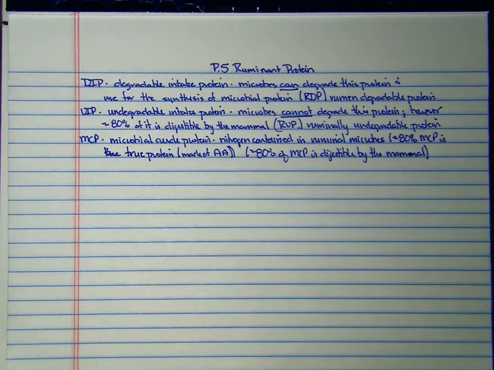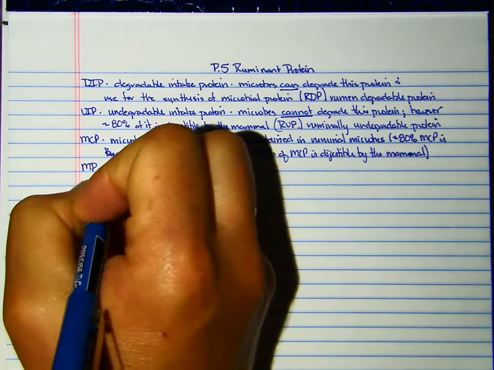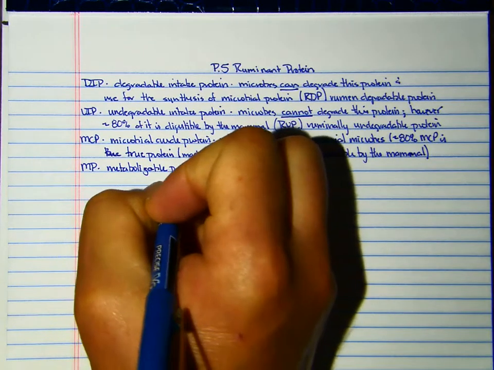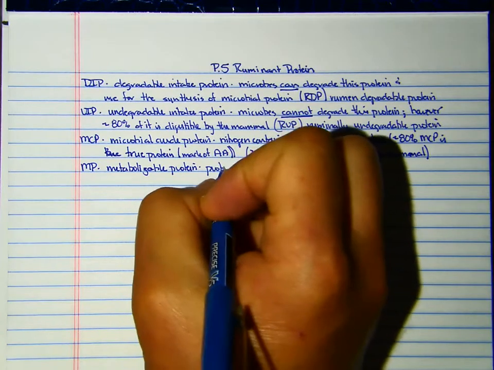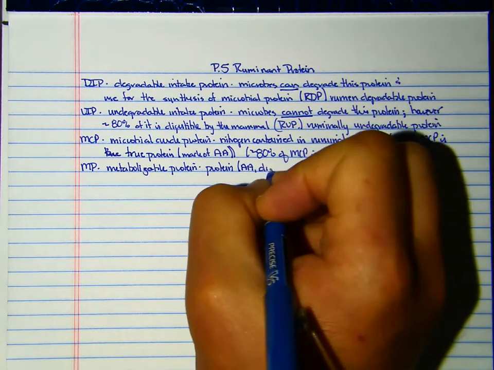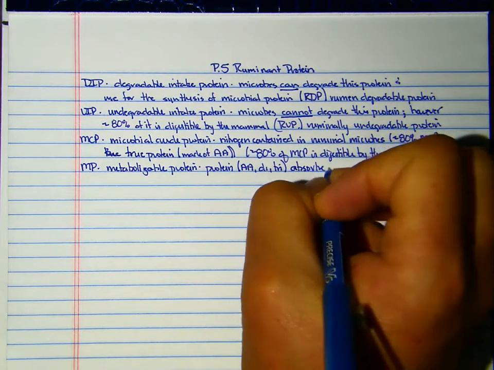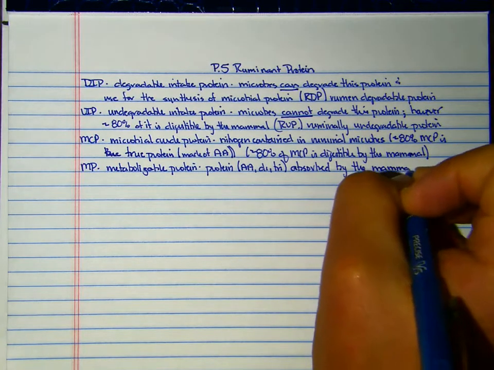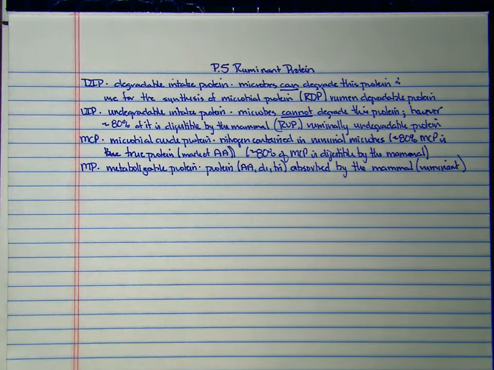Okay, the last thing that we really want to know is MP, and this stands for metabolizable protein. And so this is the protein, or if you want to think of it more specifically, the amino acids, the dipeptides, and the tripeptides absorbed by the ruminant.